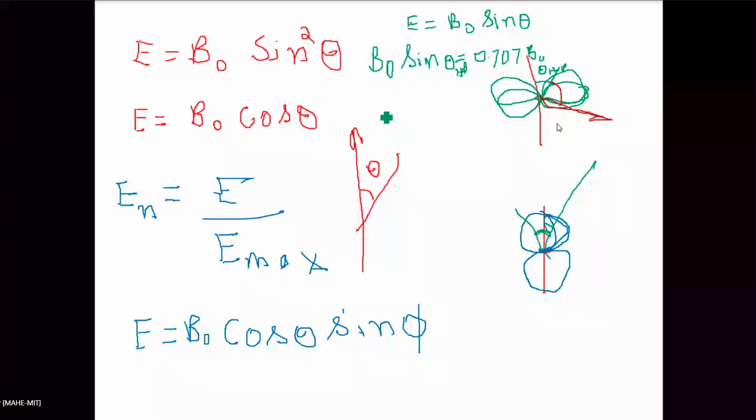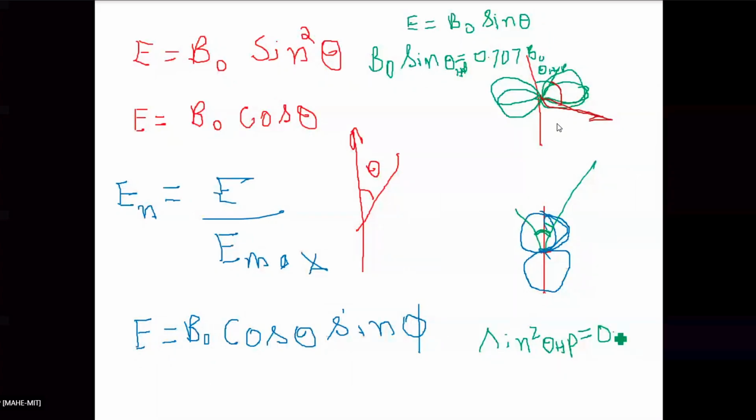Theta HP, how will you find it? Sin square theta HP is equal to 0.707. That's how you have to find it.